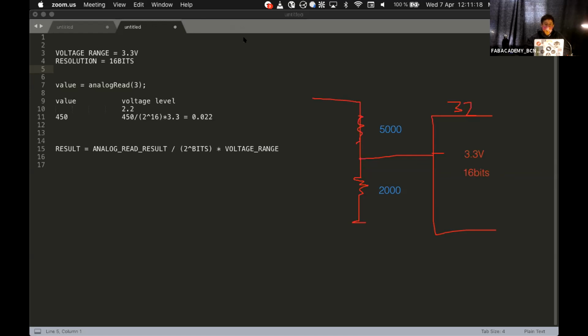I'm able to calculate this now, so I have 0.22, right?